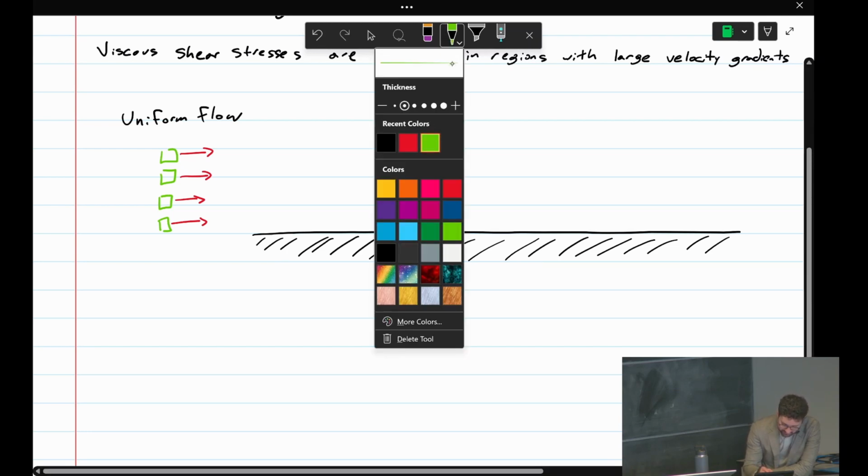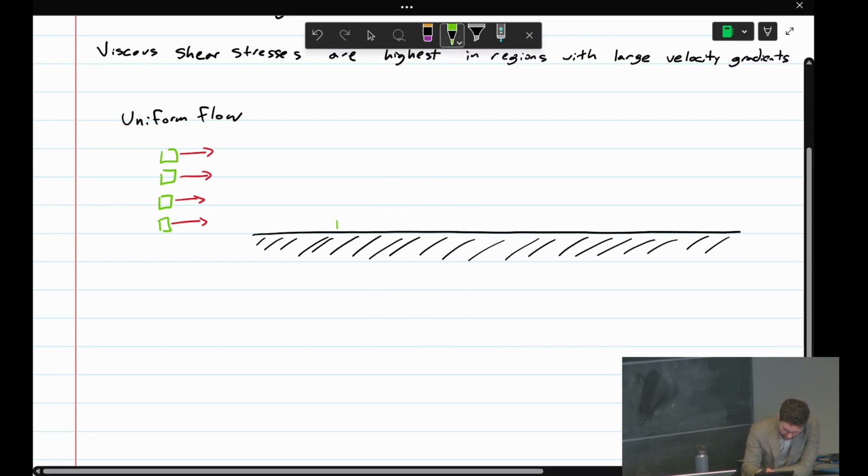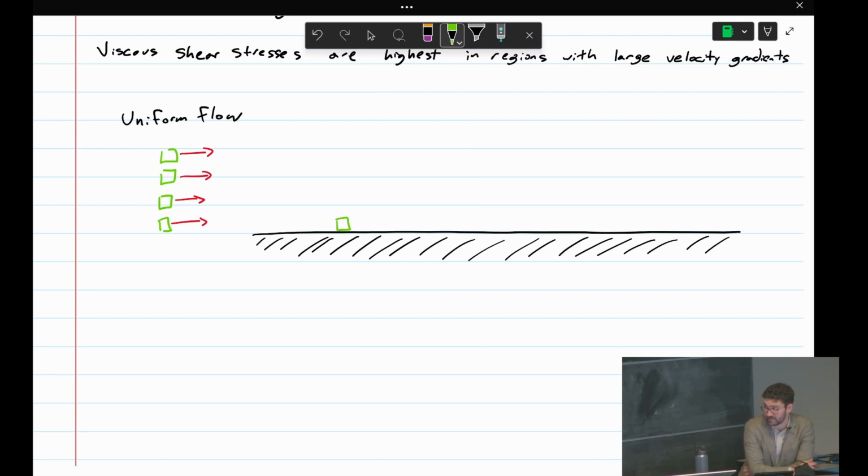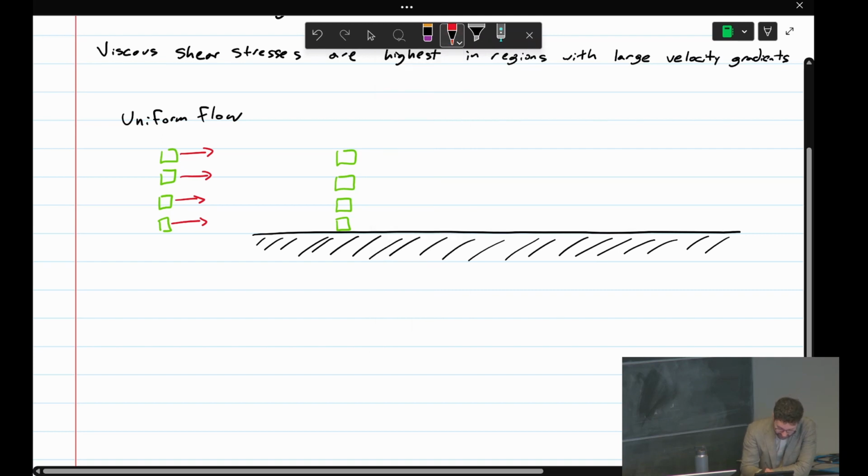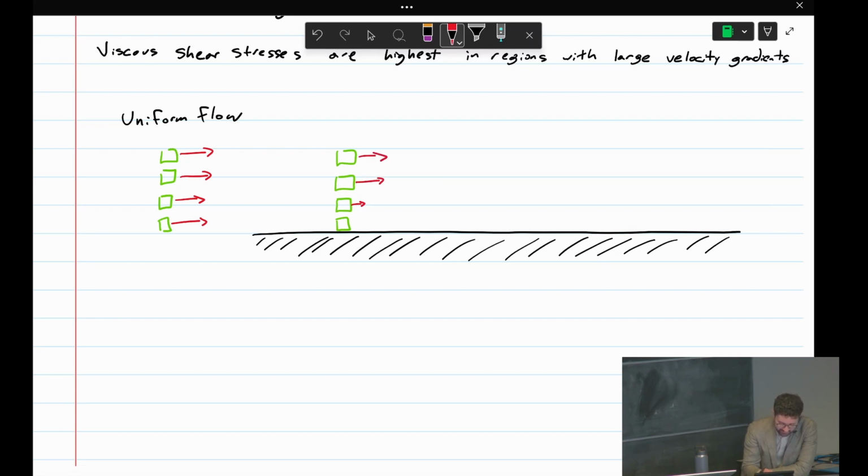So what happens now when this flow hits the wall is the parcel at the very bottom, the parcel attached to the wall, will stick, and it will apply a viscous shear stress on the next parcel, which will slow that parcel down.